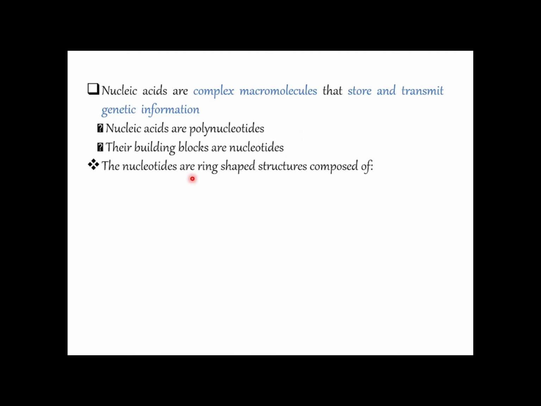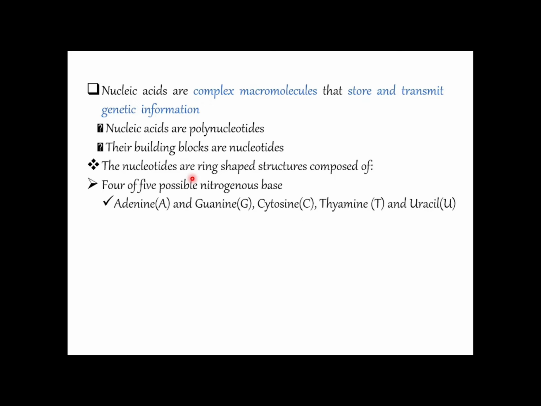A given nucleotide is composed of nitrogenous bases such as adenine, guanine, cytosine, thymine, and uracil. In addition to this, there is a sugar molecule, especially a pentose. There are ribose and deoxyribose. This sugar is again one component of nucleic acid.